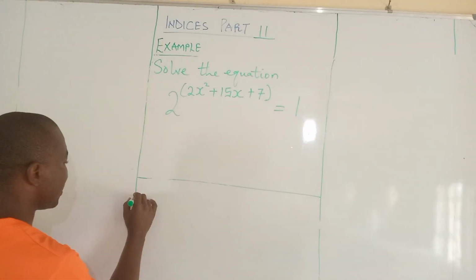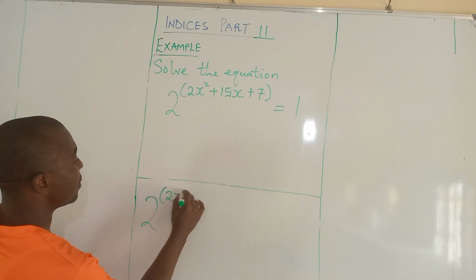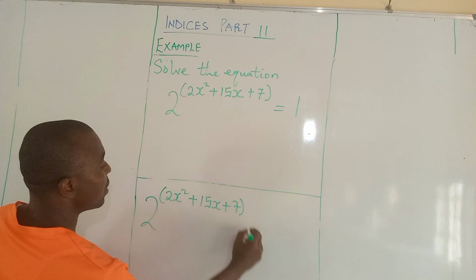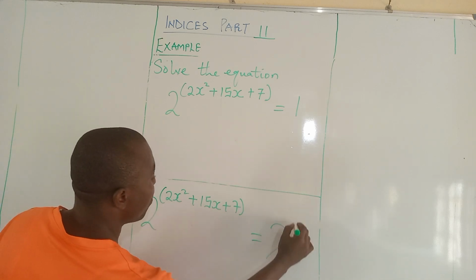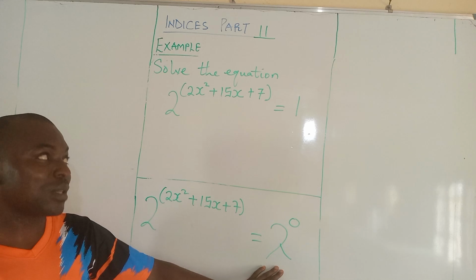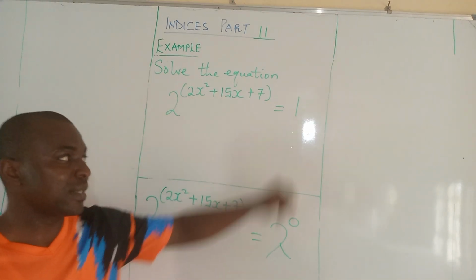So that means that the right hand side can be written as 2 raised to power 0, because any number raised to the power of 0 is equal to 1.